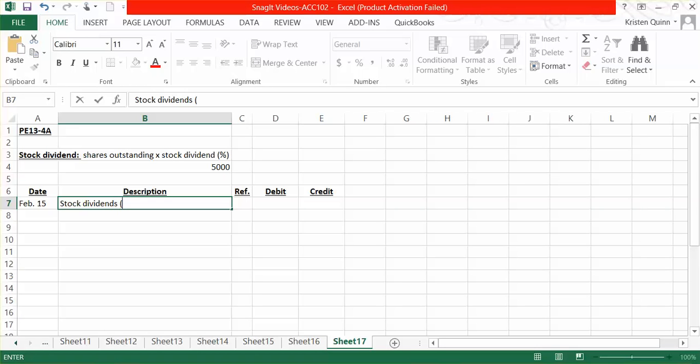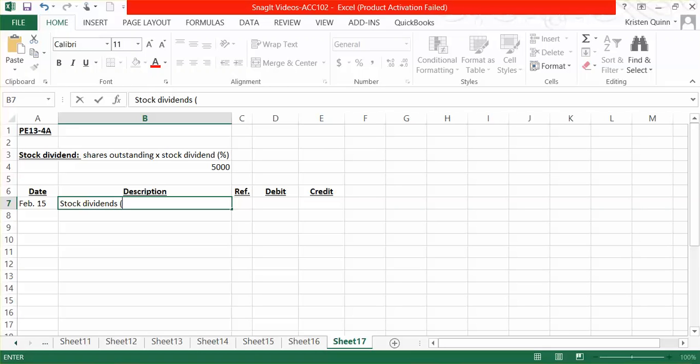We're now giving something back to our shareholders, so it's reducing retained earnings. Think of it as a sole proprietor when we did a statement of owner's equity. We put in the capital and we subtract away the drawing. We're doing the same thing here. We're taking away something from our retained earnings.